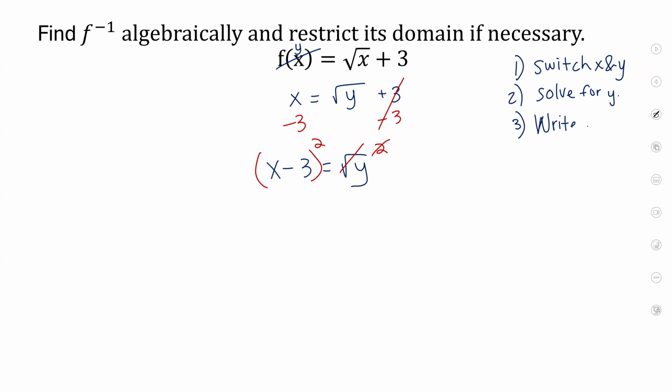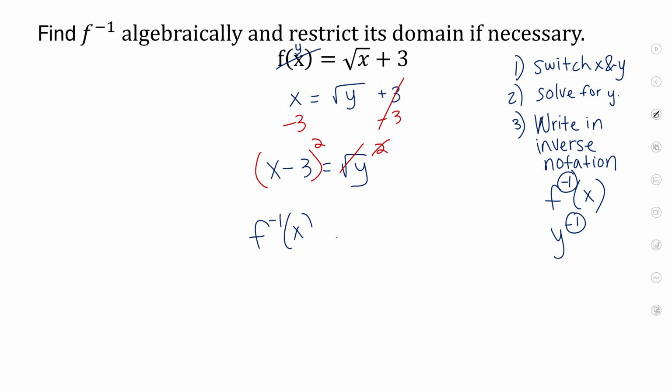What is inverse notation, guys? Exactly. I need the -1 exponent. You might see it written like this. The point is, this little -1 exponent means it's the inverse. So the inverse is X minus 3 squared.